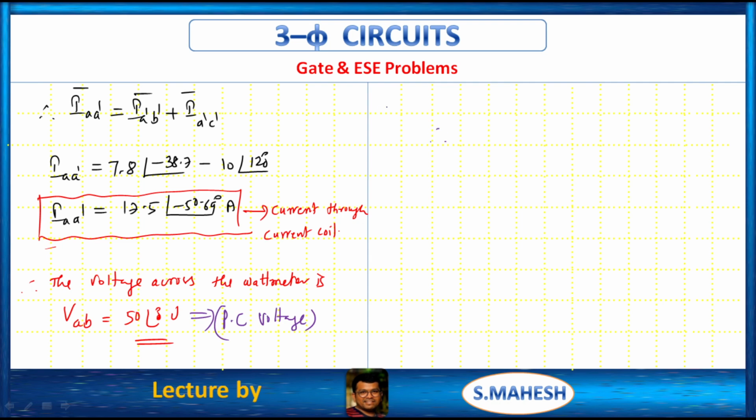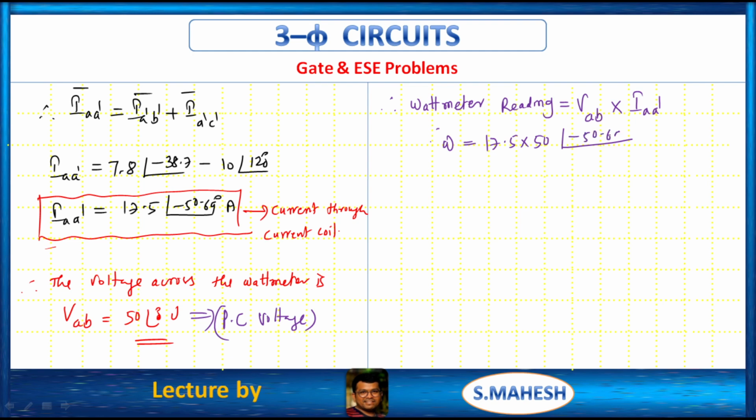Therefore wattmeter reading, which is equals to what? VAB into IAA dash, right? Which is equals to what? 17.5 into 50 at an angle, what is the current?